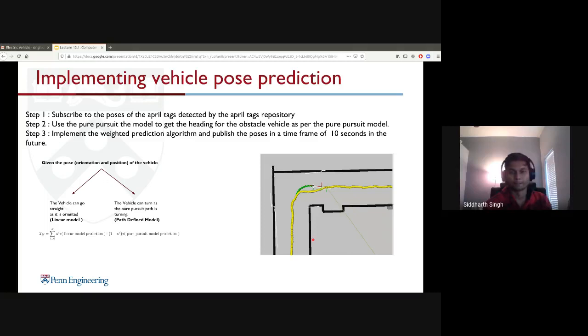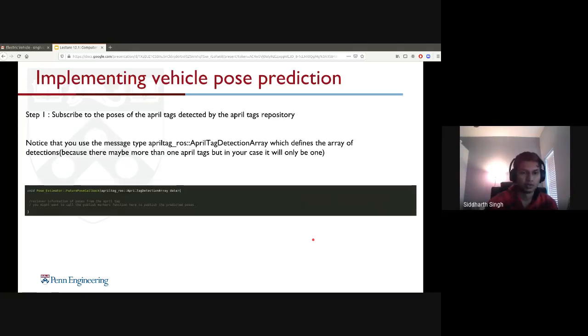So subscribe to the information from the April tags repository, implement the prediction algorithm, and everything else is in place to show up the markers. Or you might have to code it. It's your call. You can use this function, which is a part of the lab.